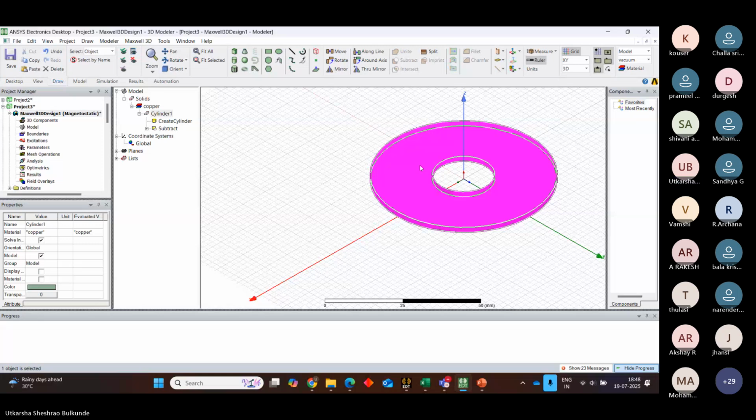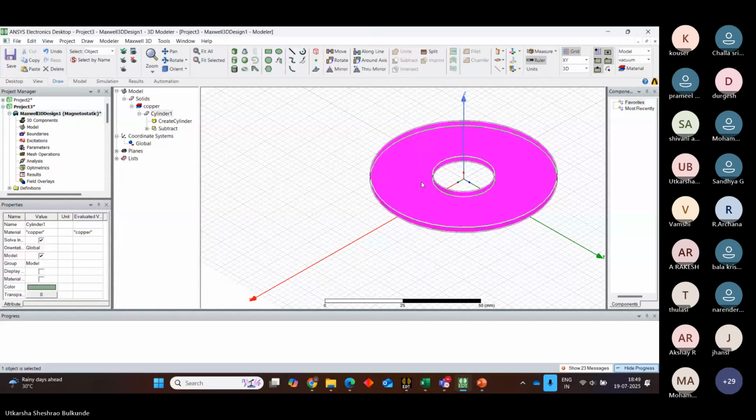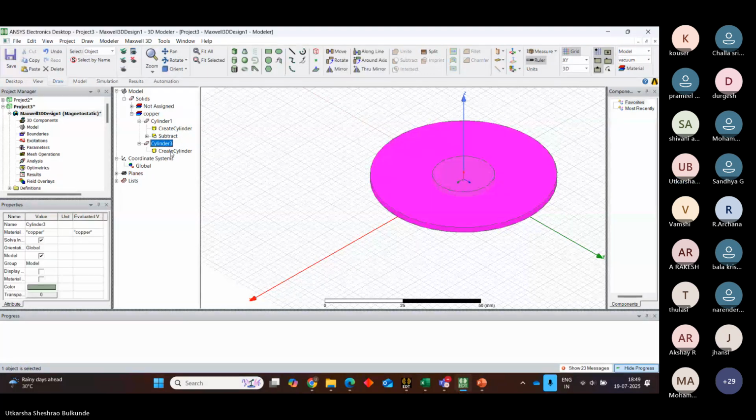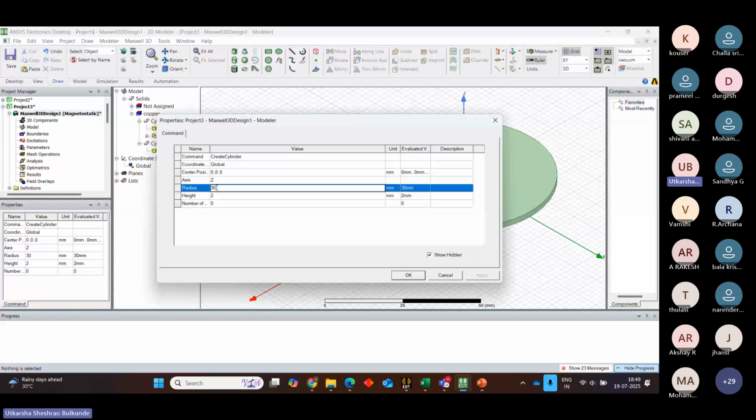To give a desired path to your flux lines, which material are we using below the copper coil? Guys, tell me. It was ferrite, right?